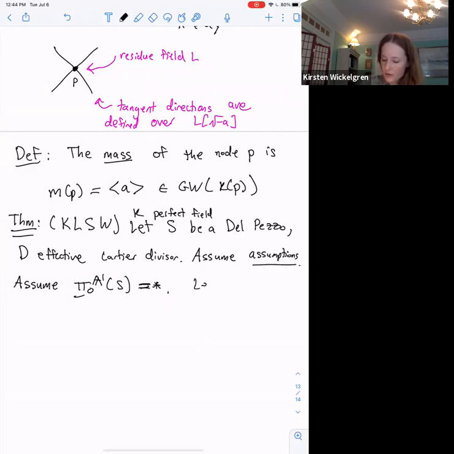So then we'll let sigma be the field extensions of the points that we're going to run our rational curve through.